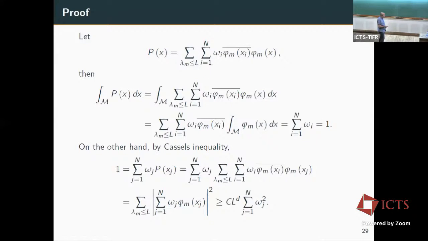And so if you notice, this is exactly the conjugate of the sum in i is the conjugate of the sum in j. So you have the sum for all eigenvalues smaller than or equal to L of the exponential sum squared. And Bessel's inequality says that this is exactly greater than or equal to C L to the power d sum of omega j squared. And this inequality is exactly the content of the theorem.